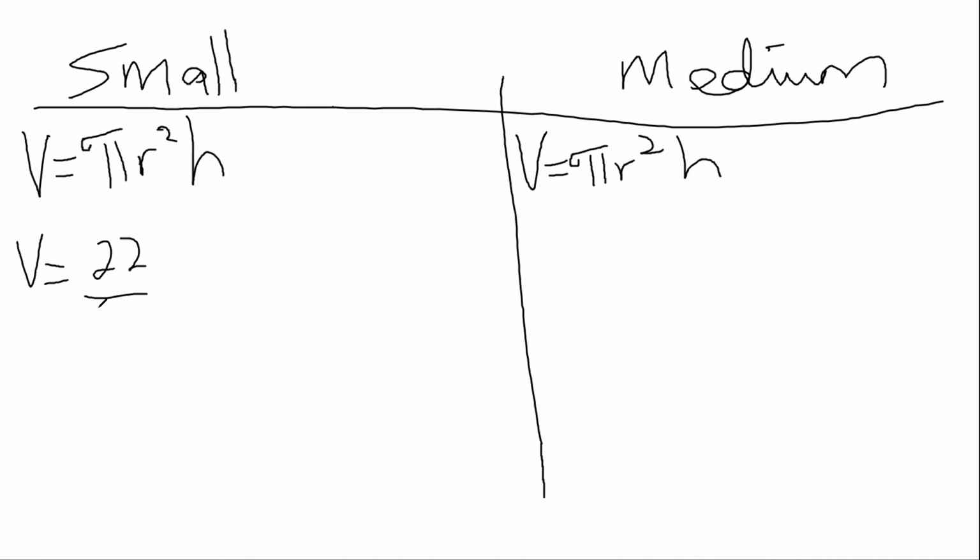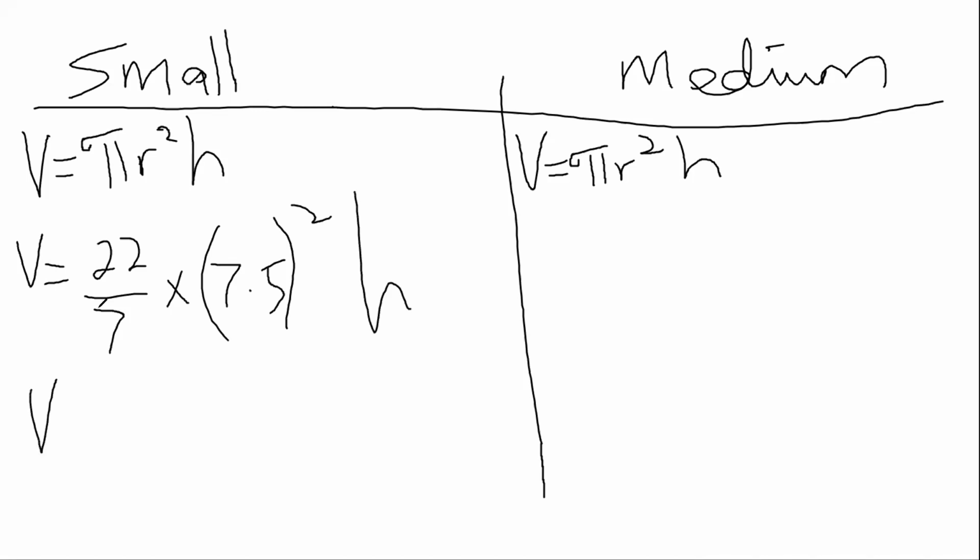22 over 7 multiplied by the radius, 7.5, squared, by the height. Were we given the height? No, we weren't. So 22 over 7 multiplied by 7.5 squared is how much? 176.79.